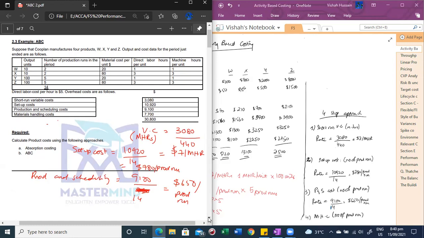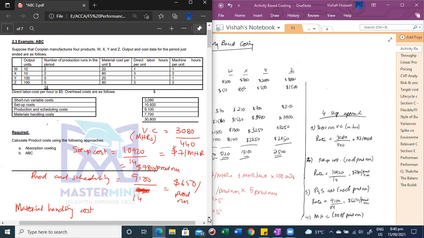Similarly, materials handling cost. The production department asks the warehouse department or the stores department to send in raw materials for production.